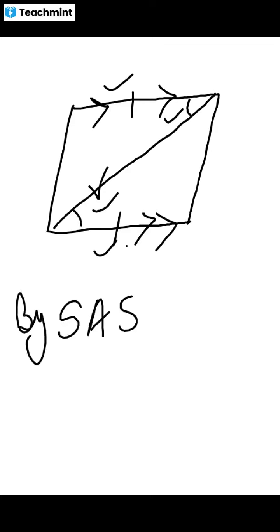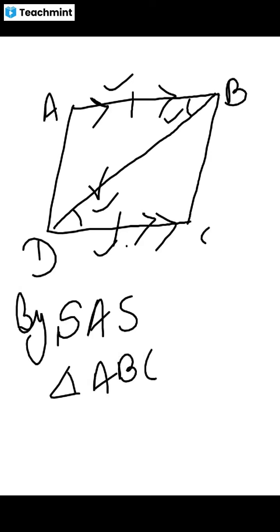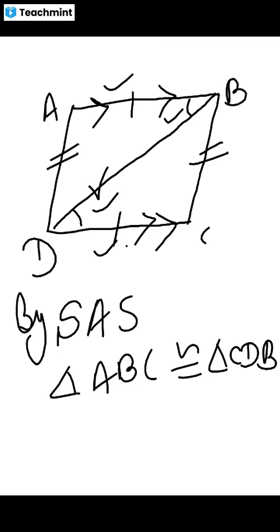By SAS, triangle ABC is congruent with triangle CDB. It means this part and this part are equal, and this angle will be equal to this angle. And these are alternate interior angles.